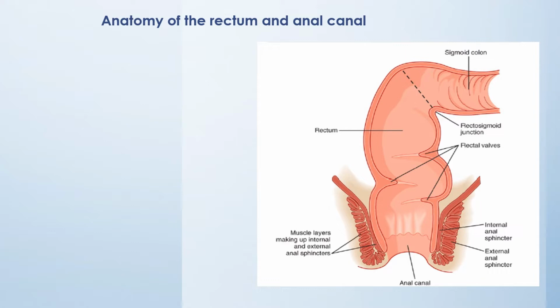Now, looking further downward, you can appreciate the internal anal sphincter and the external anal sphincter. The internal anal sphincter is composed of a thickened band of circular muscle, while the external anal sphincter is made up of three different striated muscles, which are wrapped around the anal canal, coming from the pelvic cavity.